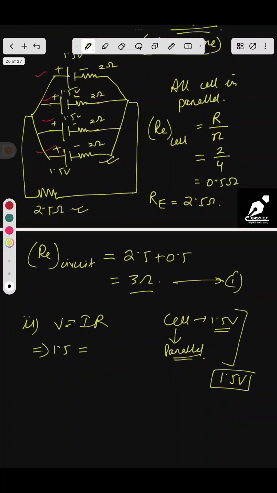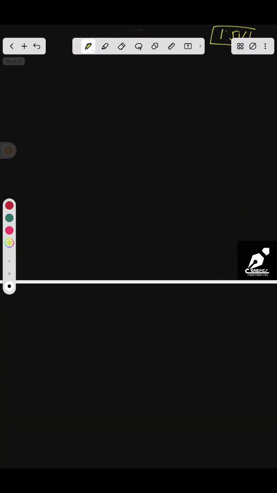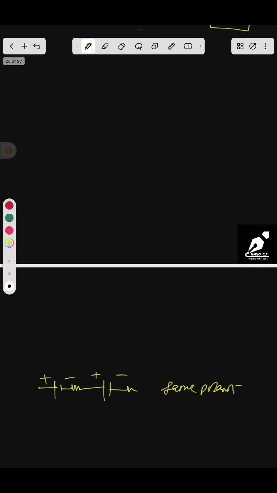For example, I'm showing here, there are two batteries, plus minus, plus minus. After plus minus, it is called same polarity. Suppose the potentials are 5 volt and 2 volt, the equivalent battery potential will be 5 plus 2 is equal to 7 volt.